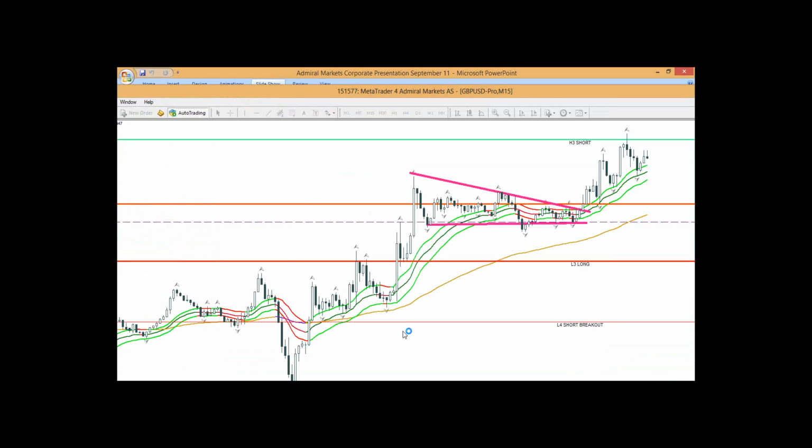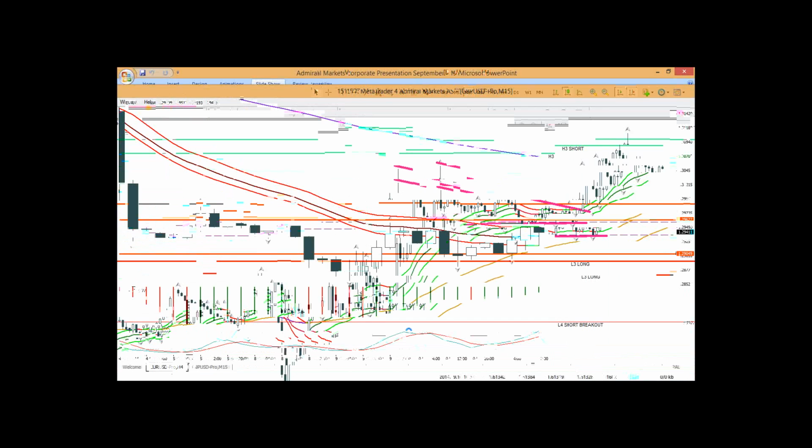So which pair would you like to see? Anyone have a preference? I don't mind. Versus Indian, what's it called? Not rupee, or Russian ruble, or rupee, isn't it rupee? Yeah, I think so. USD, good.